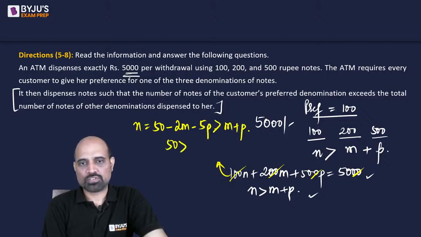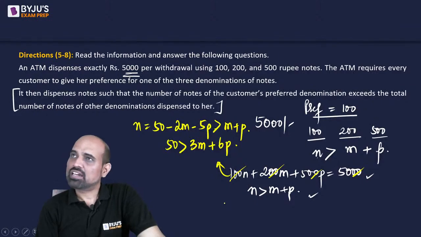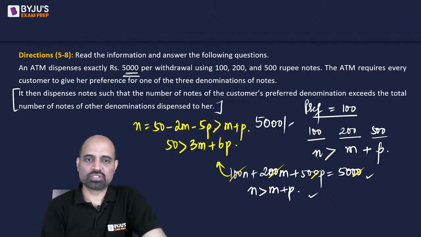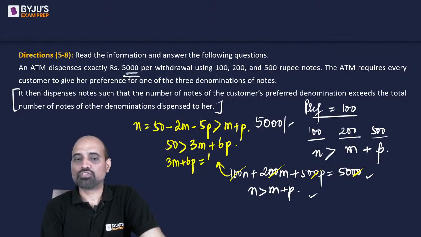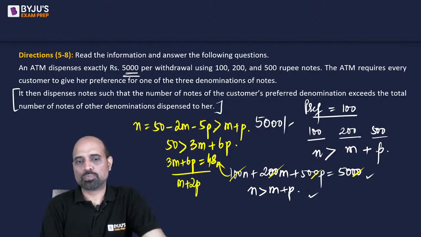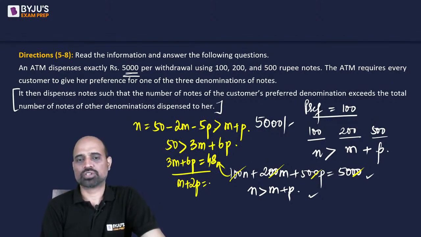If we rearrange, we should have 3m plus 6p less than 50. Since m and p are now integral values, can we say that 3m plus 6p can be a maximum of 48? In the table of 3, 48 is the only number, right? So m plus 2p is going to be, removing the 3, 16.